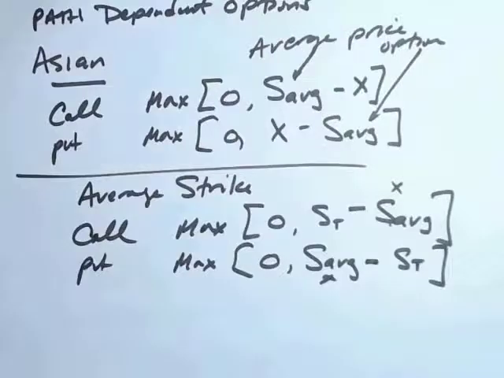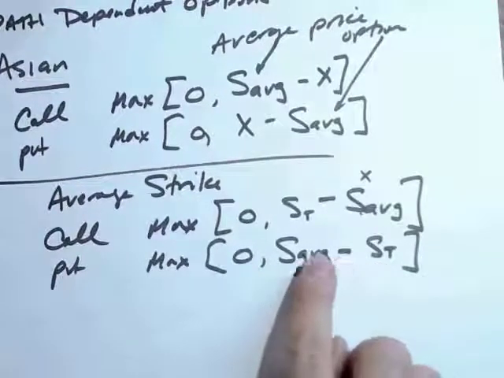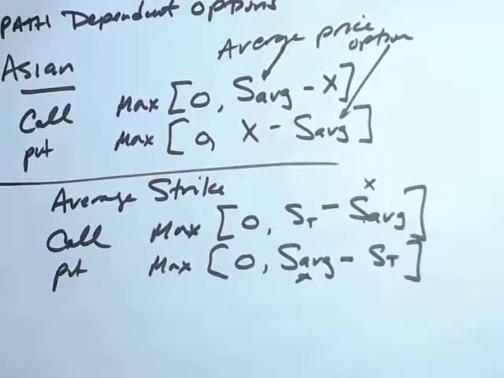Now, the valuation of Asian options is typically determined through simulation, meaning there's no neat, clean formula like the Black-Scholes model for valuing these, so you have to simulate them. What's interesting is that in each one of these cases, there's an averaging effect going on.